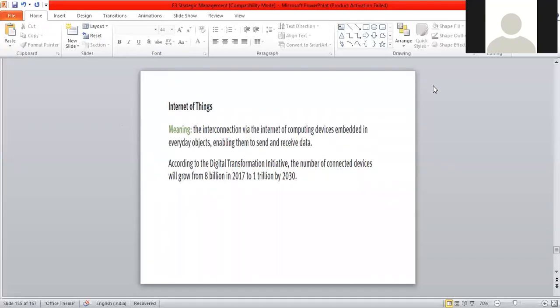Okay, so Internet of Things talks about being interconnected through the internet about the various devices. We understand that Bluetooth is a technology which connects the devices one to another, and we can share data.